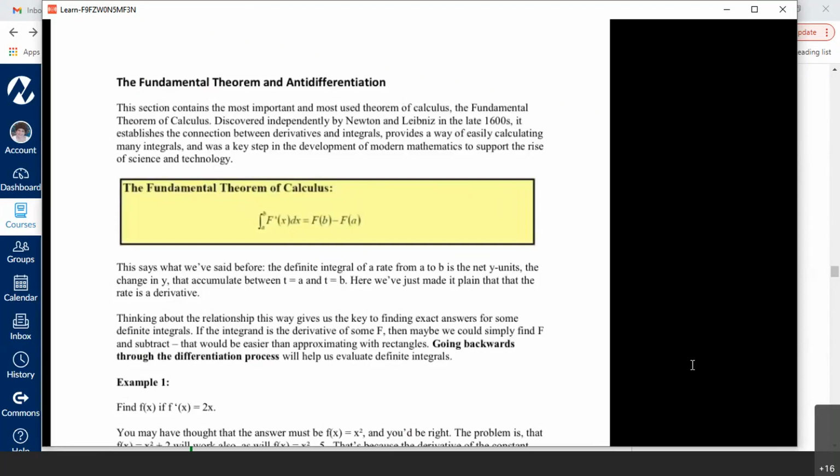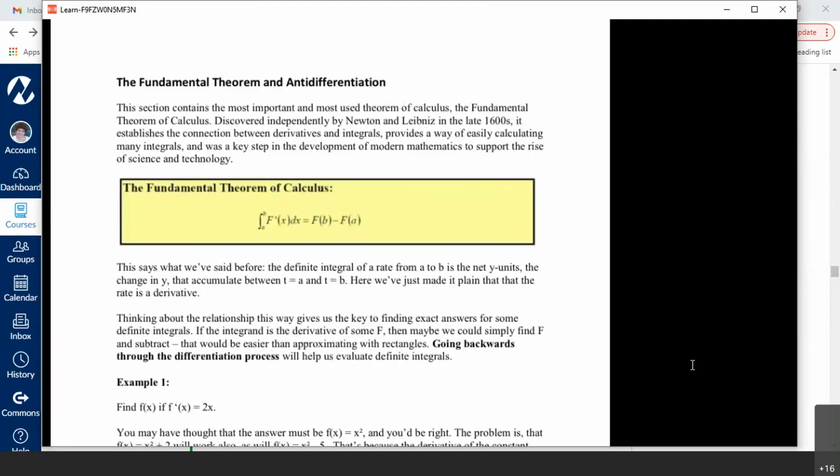They start out, you could say over the top, saying this section contains the most important and most used theorem of calculus. Well, it's called fundamental for a reason. It forms the basis of virtually half of calculus, the integral half, as opposed to the differentiation half. It's from the 17th century.